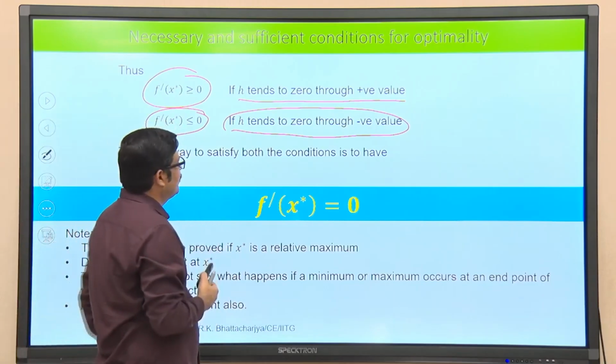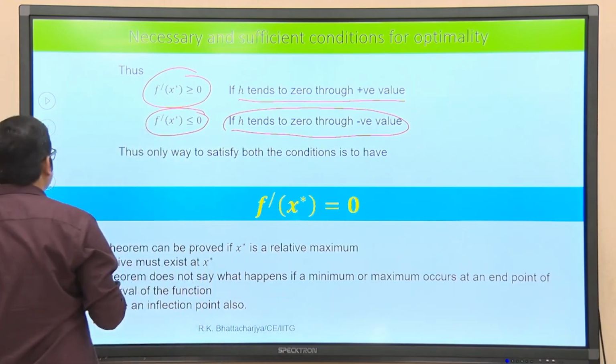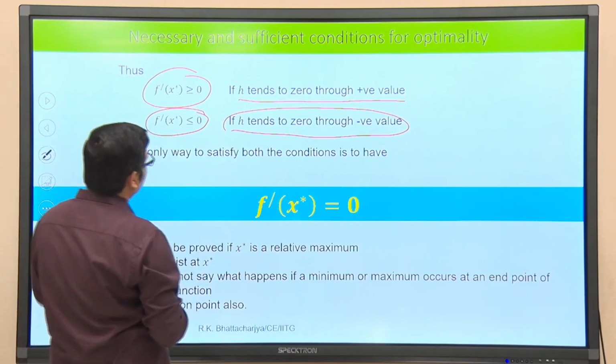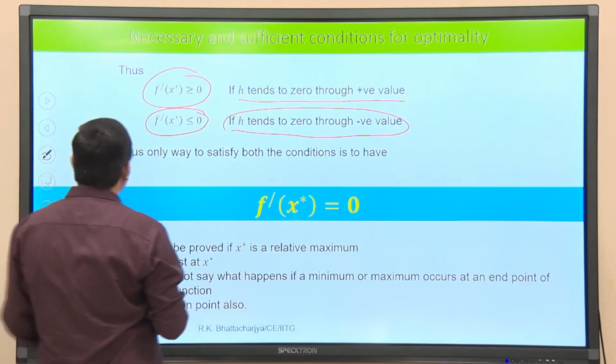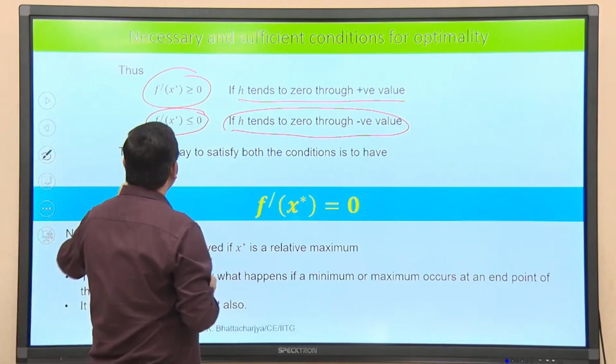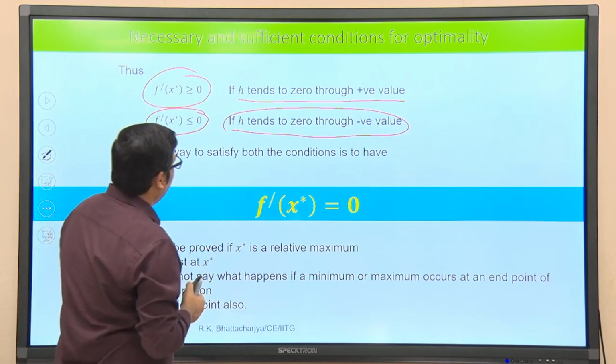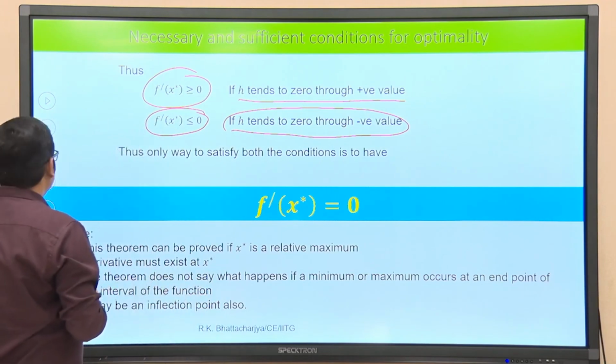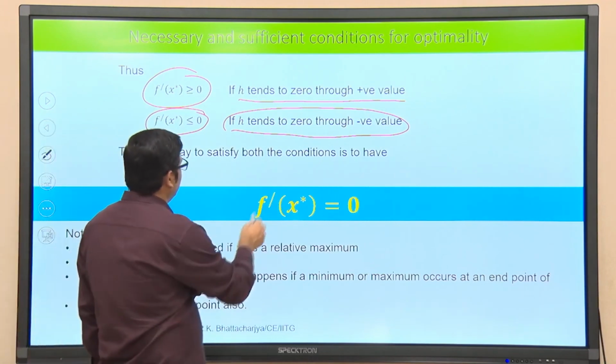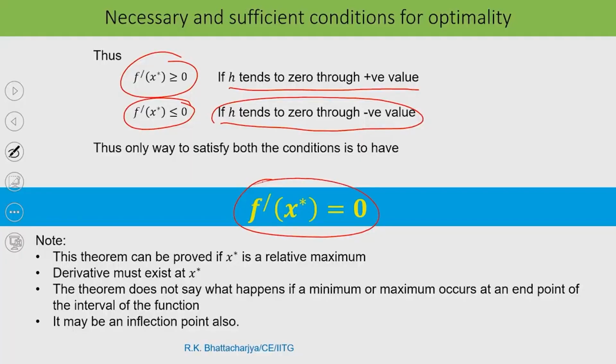Thus, the only way to satisfy both conditions at that particular x star is to have the derivative equal to 0. So, this is the necessary condition for optimality, that means the first derivative should be equal to 0.